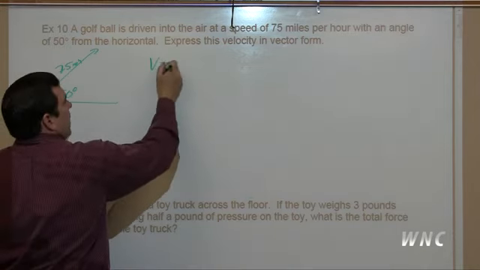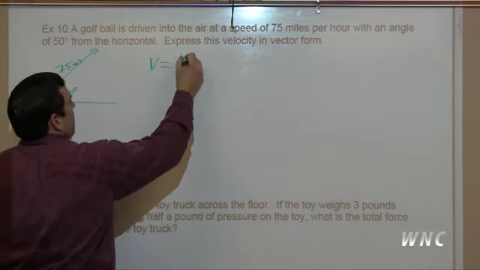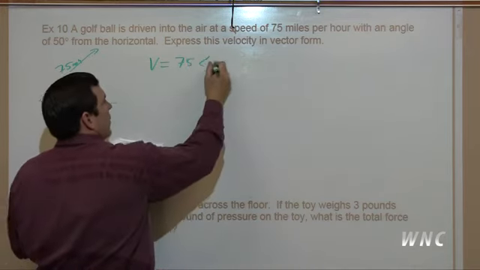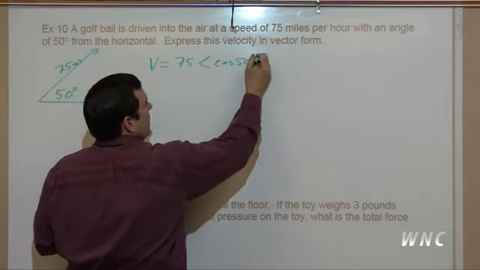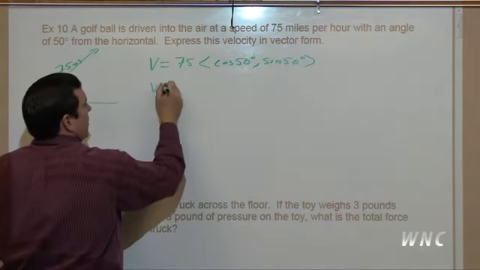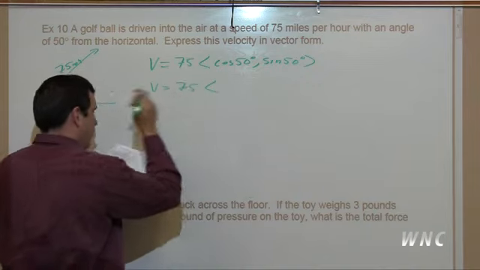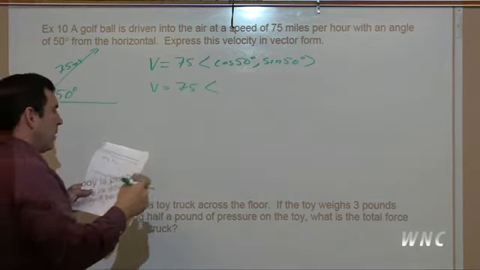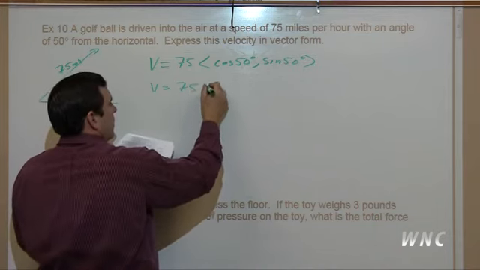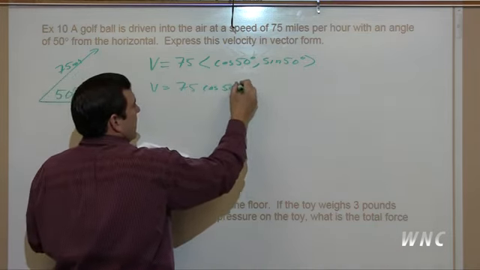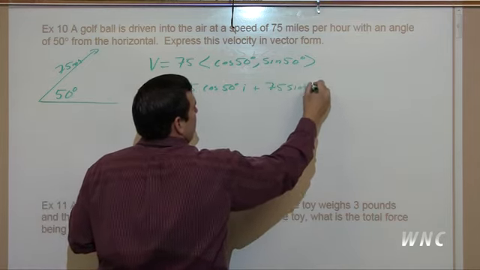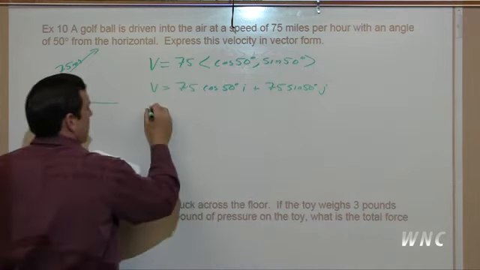So v would be 75 times cosine of 50 degrees, sine of 50 degrees. I'll say v is 75 times cosine 50 degrees i plus 75 sine 50 degrees j.